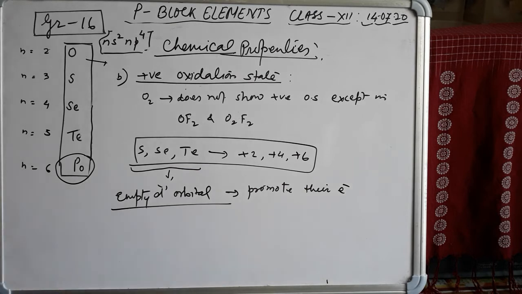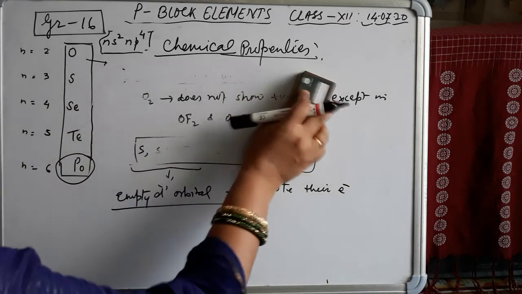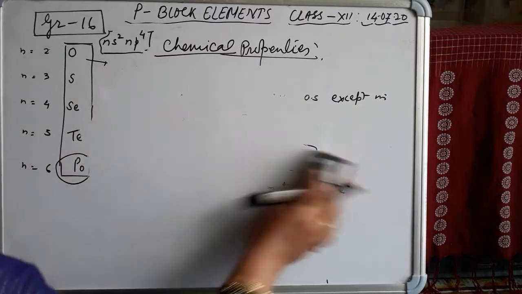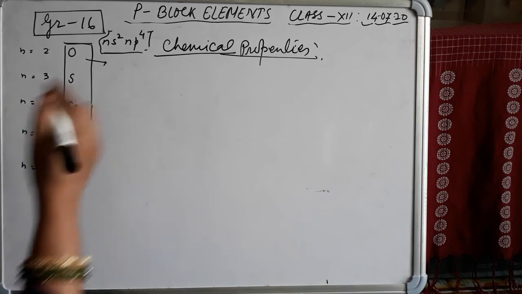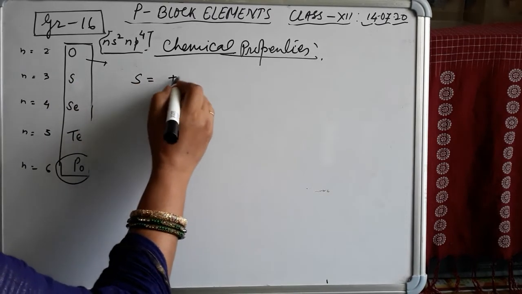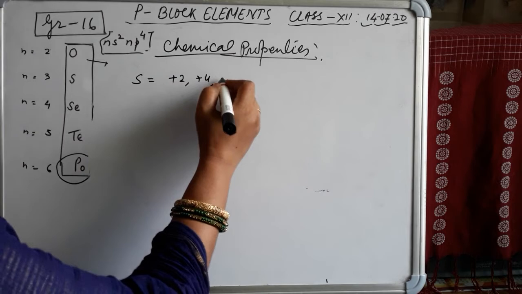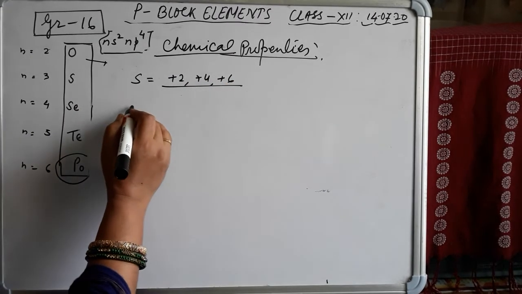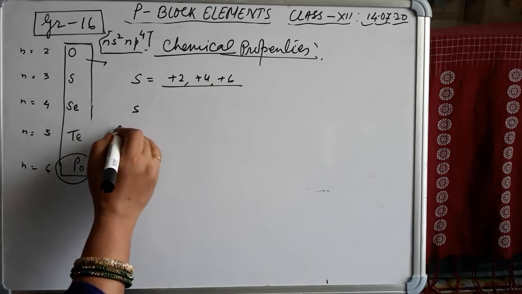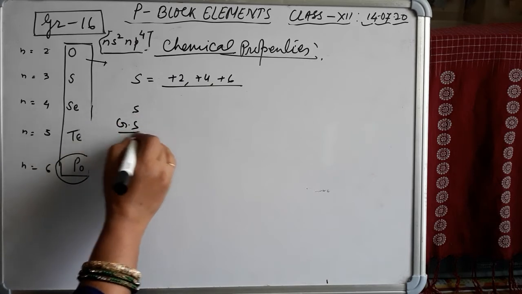Let's explain with an example. Suppose sulfur, which shows the +2, +4 and +6 oxidation states. At first, the sulfur atom in the ground state.